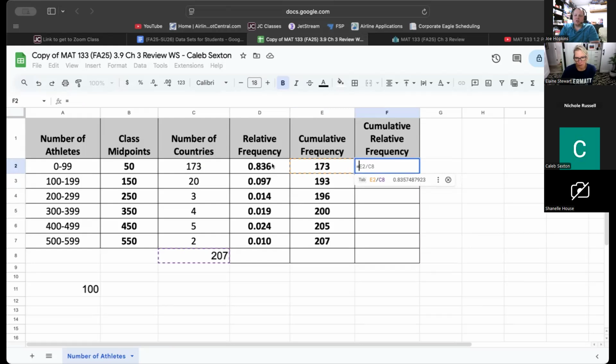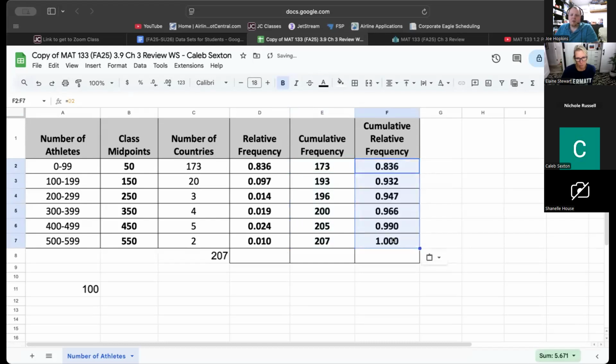Instead, just copy the cells from the cumulative frequency over to the cumulative relative frequency. Just highlight 173 down to 207, highlight all those, and copy that over here. And if you hit paste, it doesn't paste the numbers, it pastes the formula.